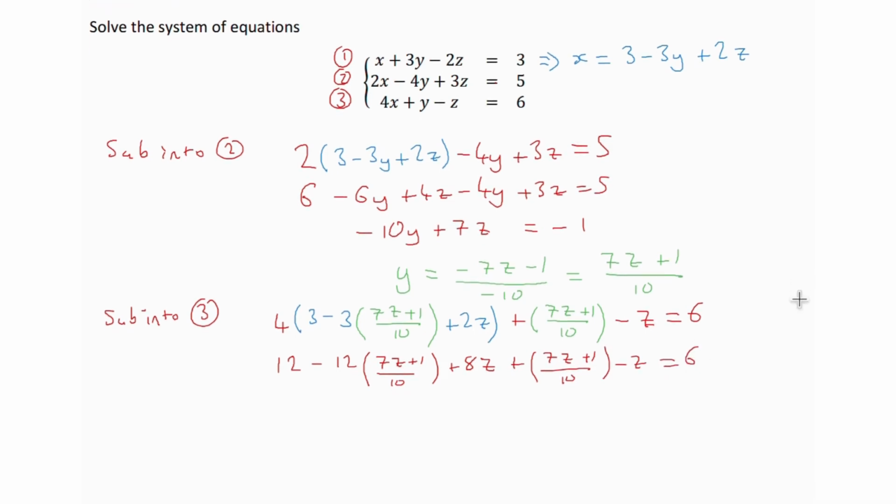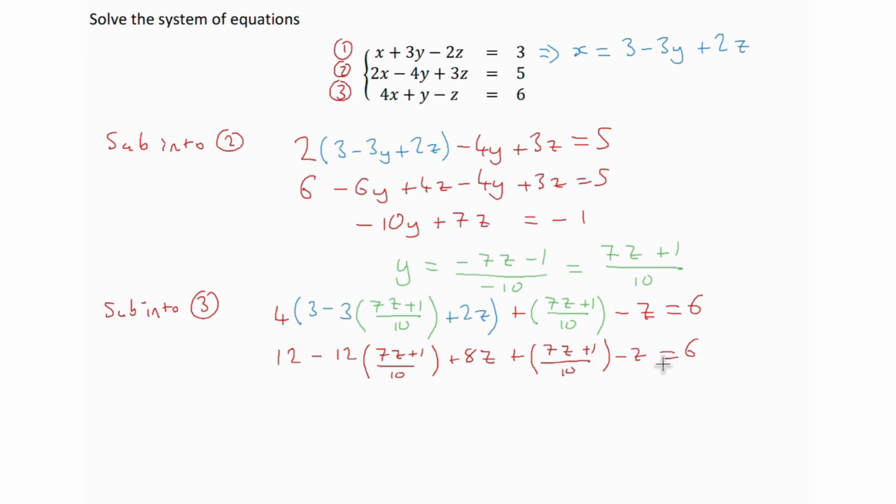Now, as I said, the easiest way to deal with this is probably to multiply through by 10 to get rid of these fractions. That's going to give me 120 minus 12 lots of 7z plus 1 plus 80z plus 7z plus 1 minus 10z equals 60.